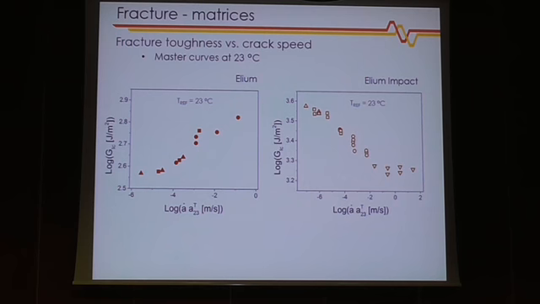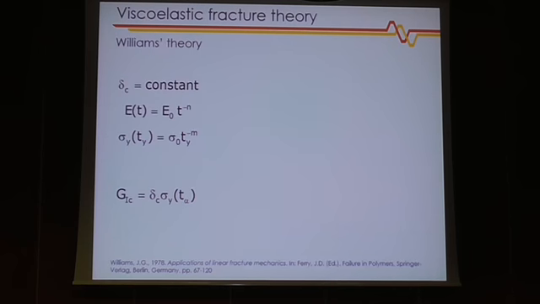So now let's see some viscoelastic fracture theories, and we adopted the one proposed by Williams, which is based on the assumption that the crack opening displacement is constant, and that both relaxation modulus and yield stress can be expressed as power laws of the time and time to yield respectively.